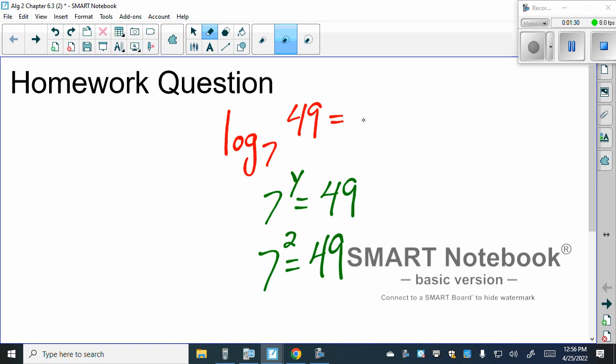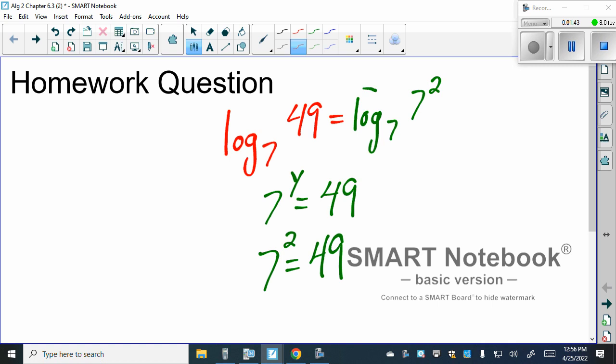Now, what this property is saying is if we rewrote this as log base 7 of 7 squared, because 49 is 7 squared, now, since the base and what's inside the logarithm are the same, this right here will actually simplify out, leaving us with just 2. So if the base and what's inside the logarithm are the same, they cancel each other out.